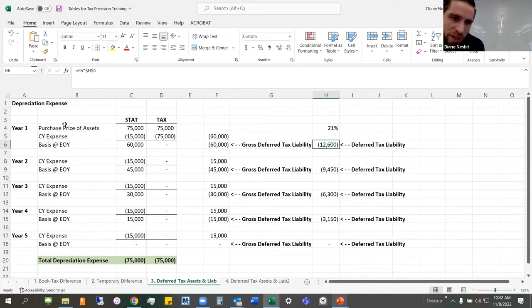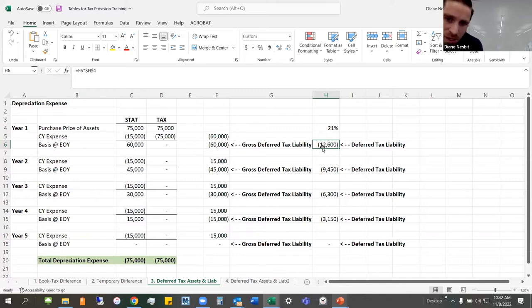So if you were doing a tax provision just for year one, and this was your only difference, what you'd end up recording is a $12,600 liability to your financials to represent that I've got $60,000 of future add backs. I'm basically not going to be able to take this $60,000 deduction in the future, so I'm going to record a tax liability related to the $60,000 that I'm going to have to add back in the future.